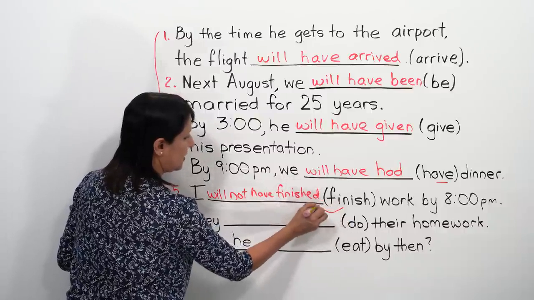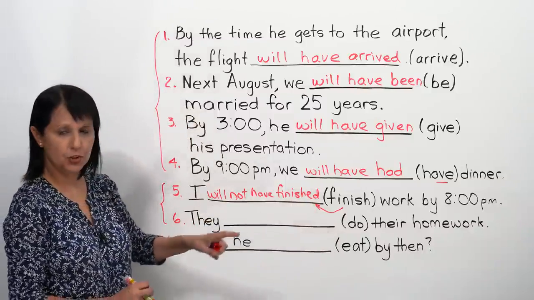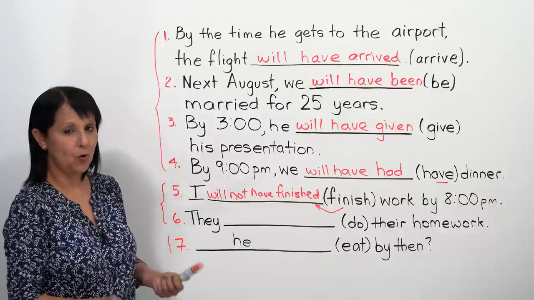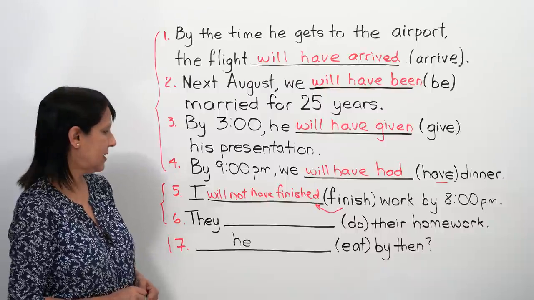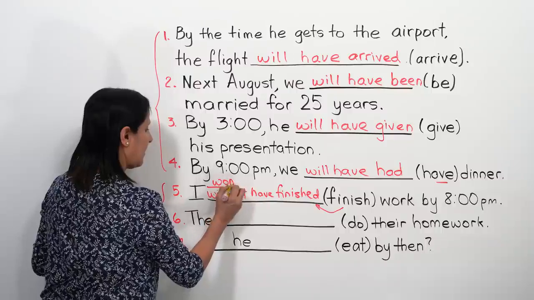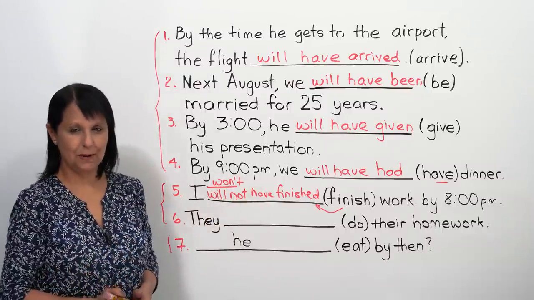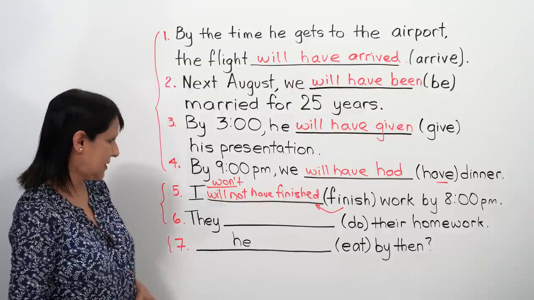Because finish becomes finished, right? I will not have finished work by 8 p.m. Okay? Or if we wanted to contract it, what could we say? I won't. I won't have finished work by 8 p.m. Okay? Very nice.